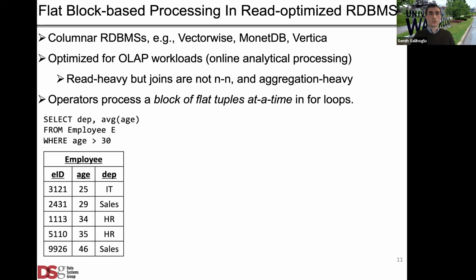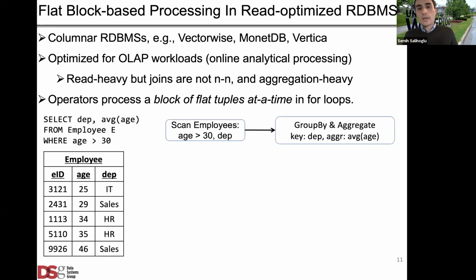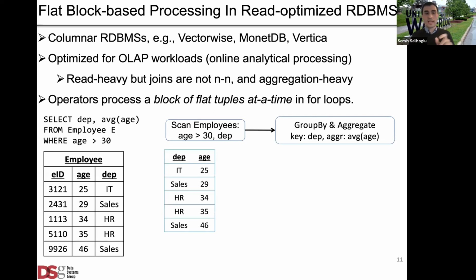So suppose this is your query that is essentially asking, give me the average age of employees in each department, so group by department, but only considering employees over age 30, right? Over an employee table. And here's a very simple plan for this, probably the standard plan, where your scan operator is going to scan a block of tuples from the employee table.